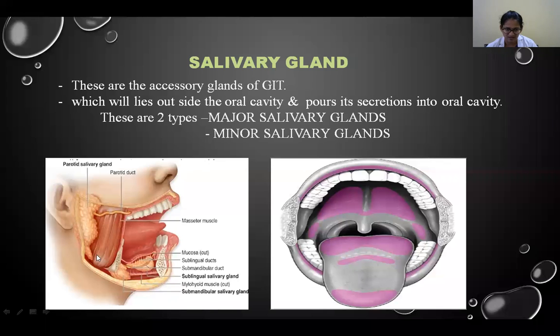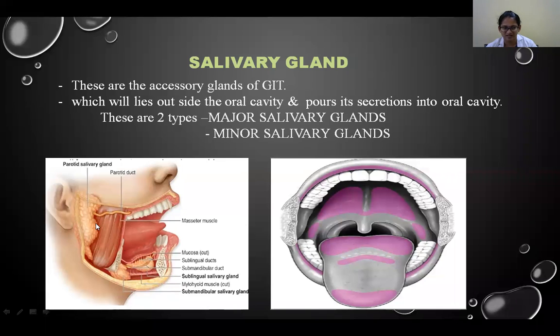This is the submandibular gland, which lies in the submandibular fossa, and this is the sublingual gland, which lies in the sublingual fossa. These two glands are related to the mandible. These are the three major salivary glands.